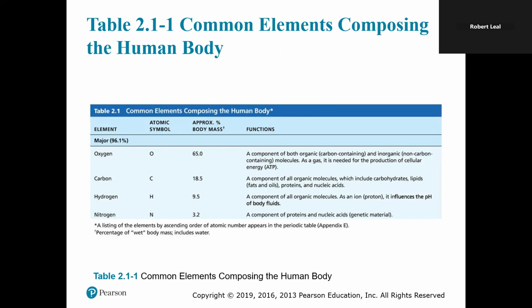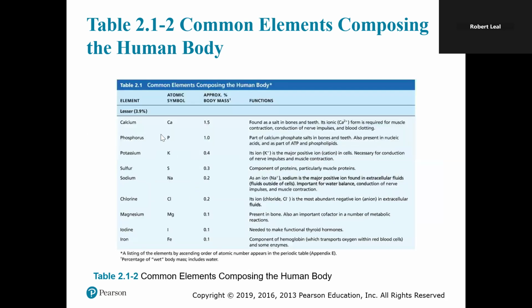But anyway, going back to this table, it's in your electronic book version or hard copy. You see some of the elements, obviously the most abundant in the body are oxygen, carbon, hydrogen, nitrogen. And then it tells you some of the uses for these elements. Some other elements are not as abundant as the previous ones, like calcium, phosphorus, potassium, and so forth.